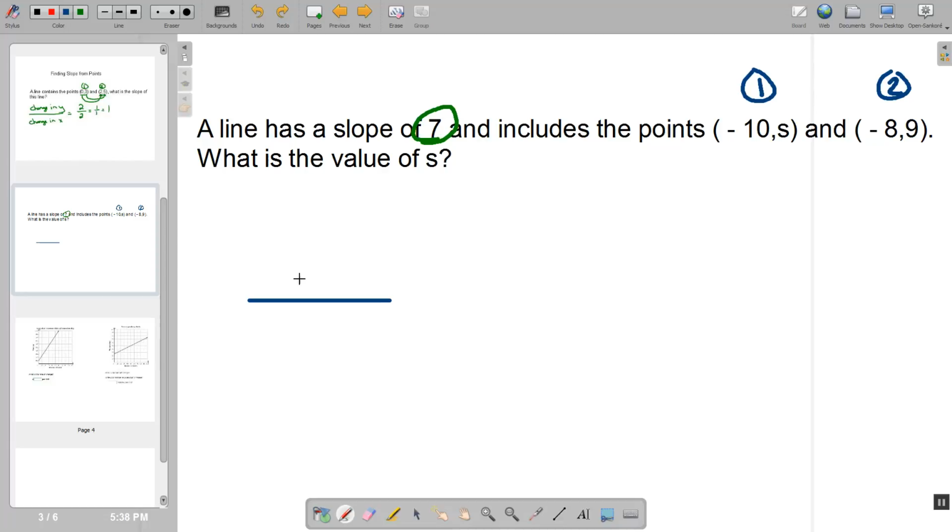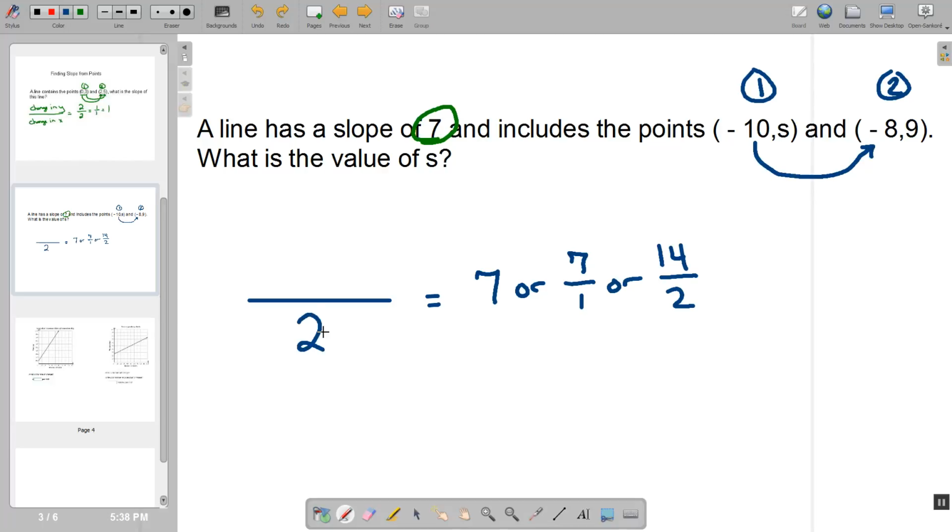I need something divided by something to equal 7, or 7 over 1, or 14 over 2. So we have a lot of options here. Let's look at our x values first. Going from -10 to -8, I'm going up 2, which means the denominator of our fraction is going to be 2, which means that our top has to be equal to 14.